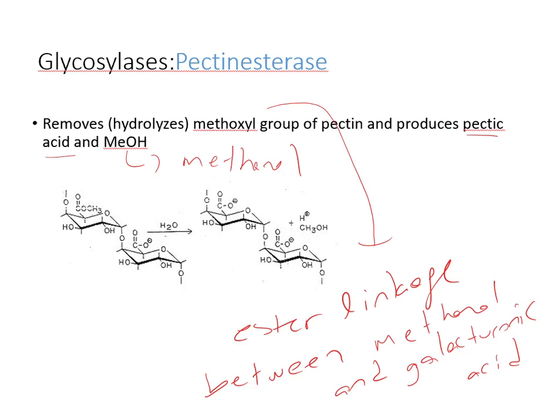So this is one of the most heat resistant enzymes. So it leads to gelation and precipitation of pectin in puree and juice with subsequent loss of cloudiness.